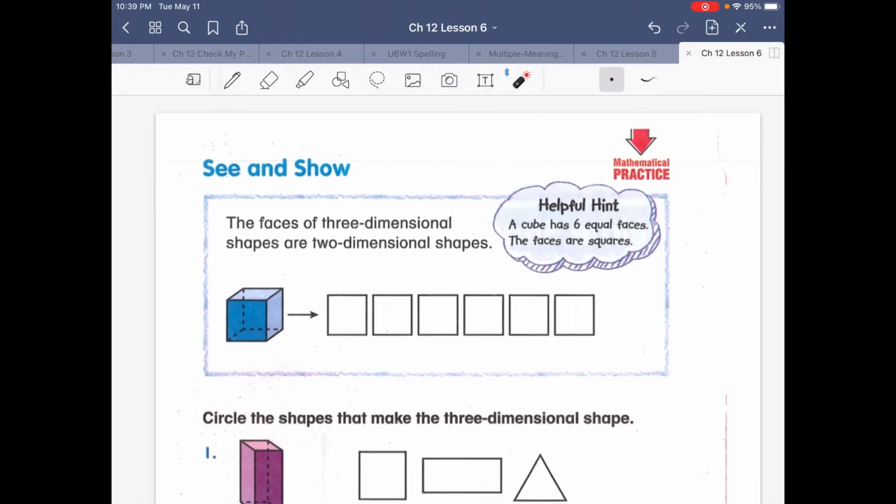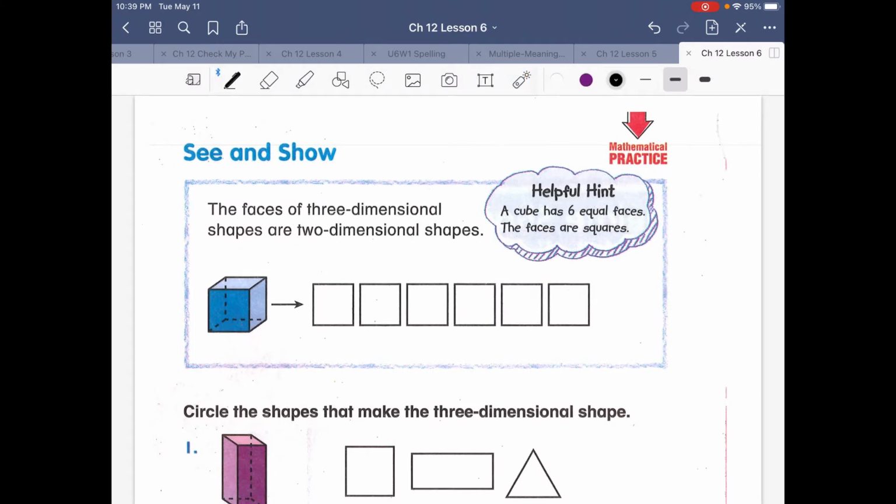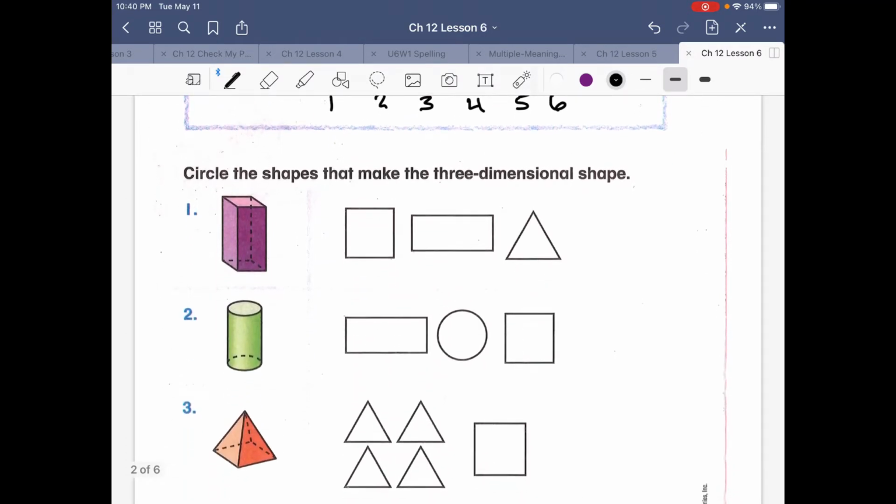When I zoom in, I'm going to put a little dot here: top and bottom, front and back, left side and right side. So there are 6 faces that make up this cube. So 6 square faces.